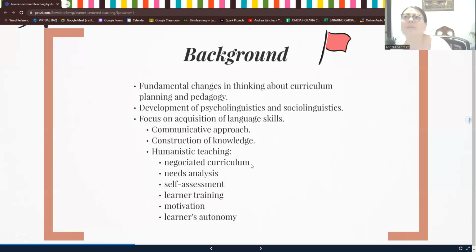Remember that every time we start a course, through the needs analysis and through the conversation that I have with my students, I present the syllabus, which is el programa en español. I present the syllabus, and we make negotiations, I make the needs analysis, and also I present the evaluation part.